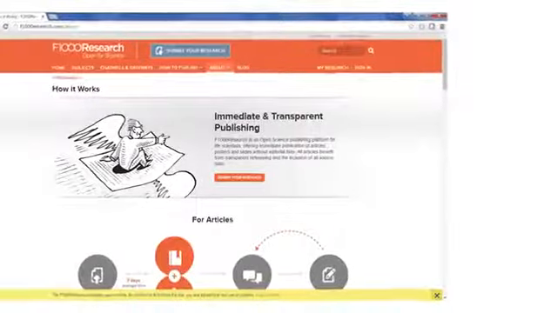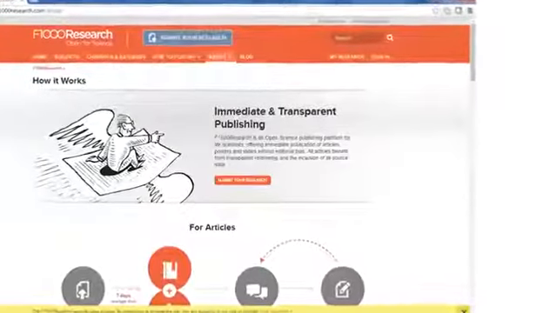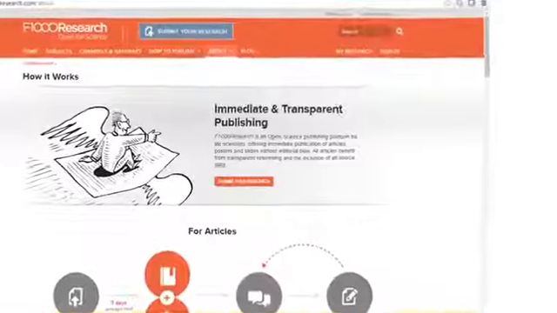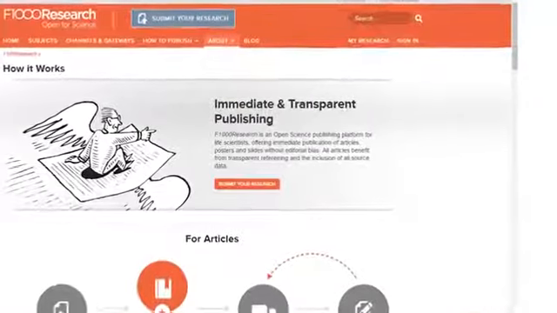So it is like a publish first and review later model, so that the research paper is immediately accessible to researchers all over the world, rather than the delays that one encounters in the peer review and publishing process.